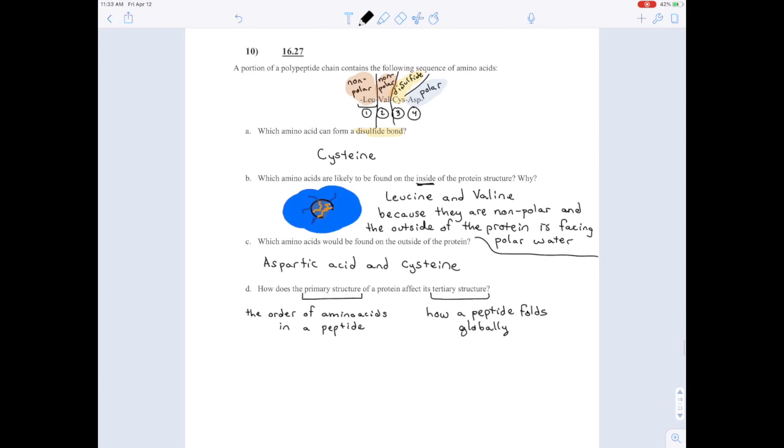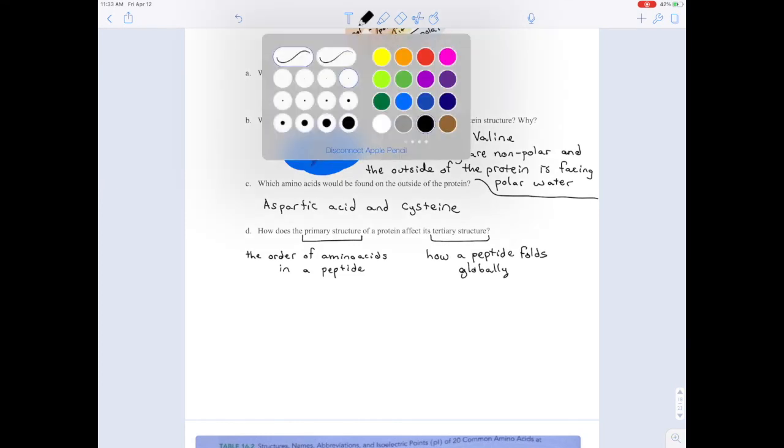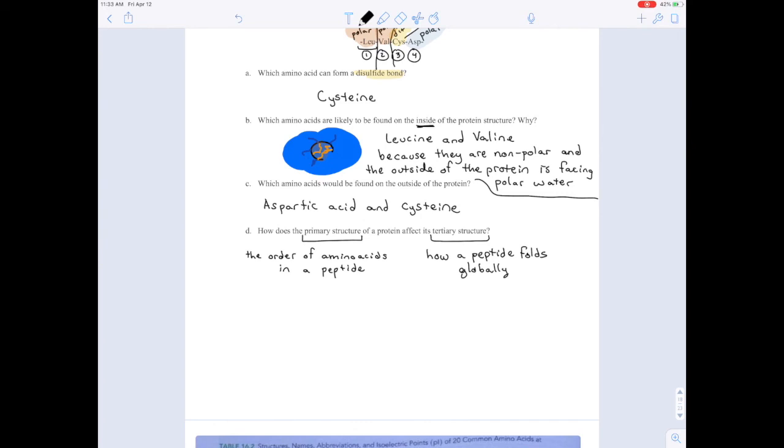And what we saw in this problem is that where amino acids are placed in a protein, that's its primary structure, right?